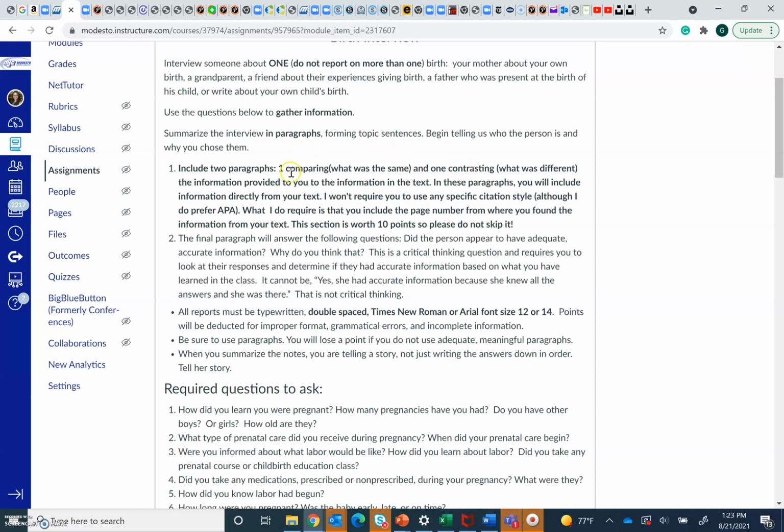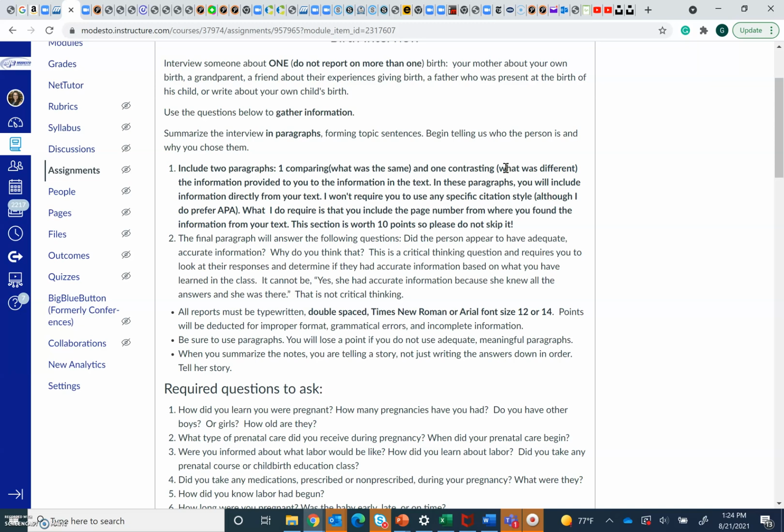So again, a paragraph about what's the same as your textbook from your interview, and a paragraph on what's different between your interview and your textbook. So 2 paragraphs. And I want you to really do some thinking here. Show me that you've read, that you understand these differences and sameness.